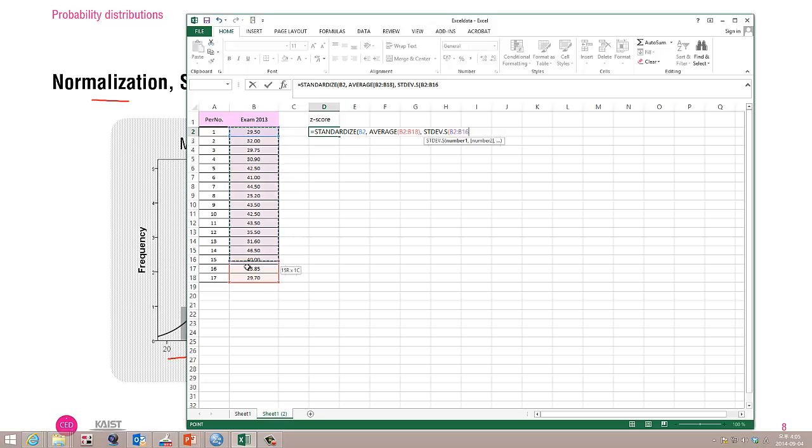Example. So the test score of the first person is converted like that.